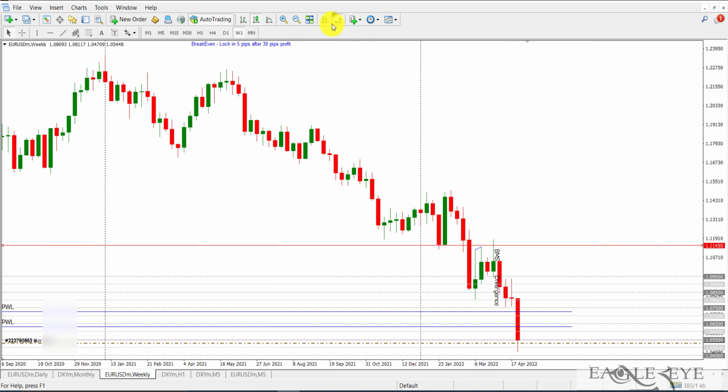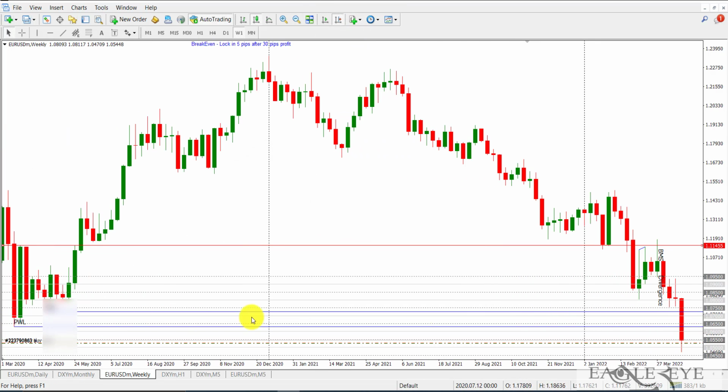Just that the first level took a little bit of time before being taken out, and then this past week, 25th to 29th, the price did justice to that.